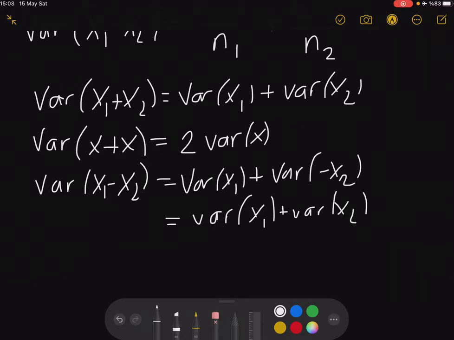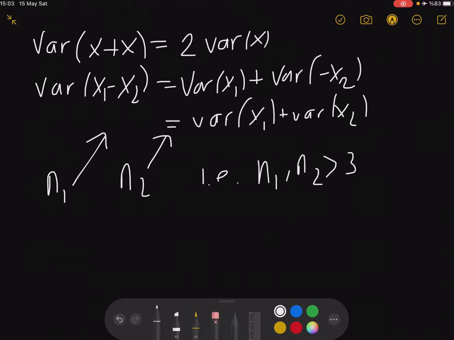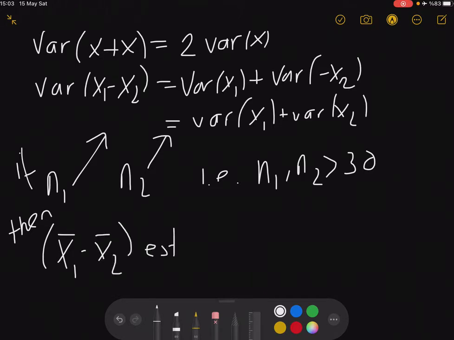That's the idea. And if your N1 and N2 are sufficiently high, such that, for example, they're both over 30, then the x1 minus x2 estimator shows normal distribution.